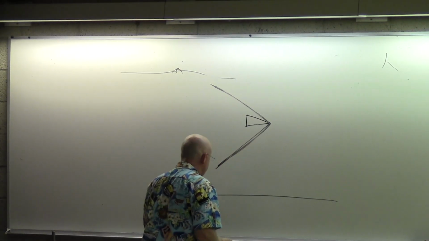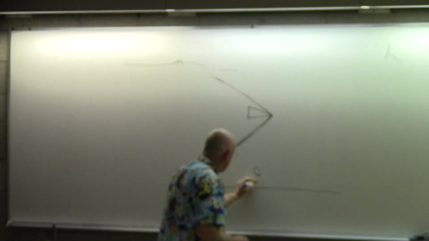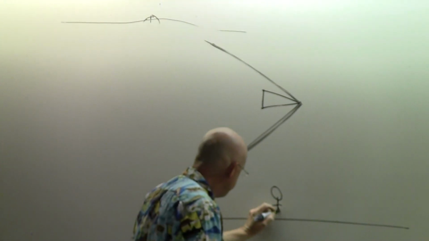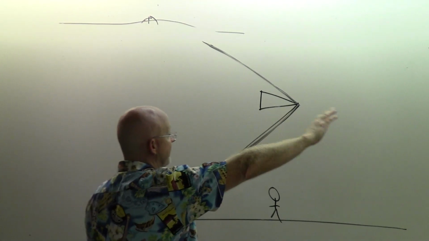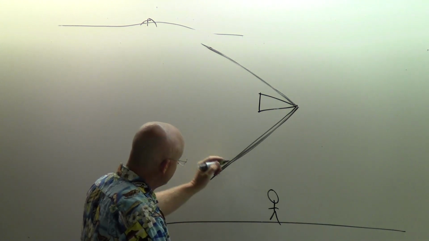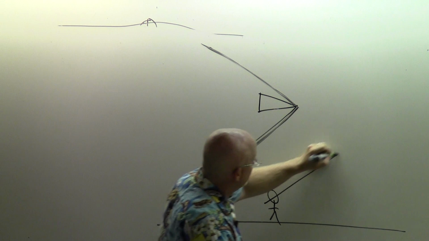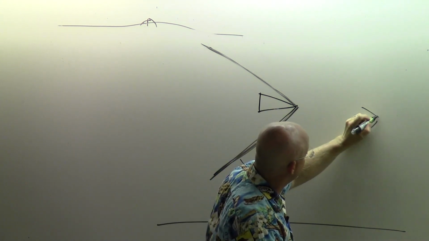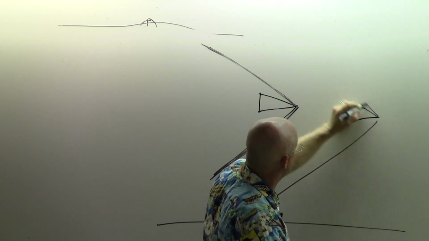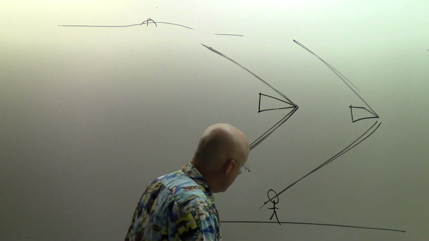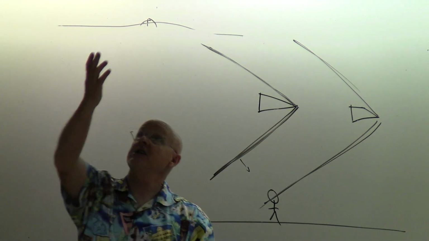Somebody standing on the ground as the plane flies by, this shock wave will eventually get to them. The airplane will be kind of past them since it's going faster than the speed of sound. But they're just standing there. They can see the plane at first.